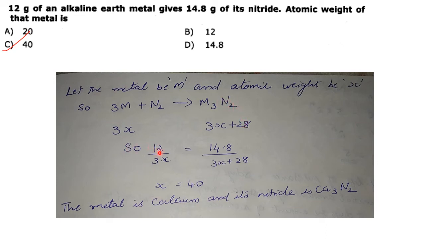So 12 by 3X is equal to 14.8 divided by 3X plus 28. So X is equal to 40. And the metal is calcium and its nitride is Ca3N2. So the answer is option C, 40.